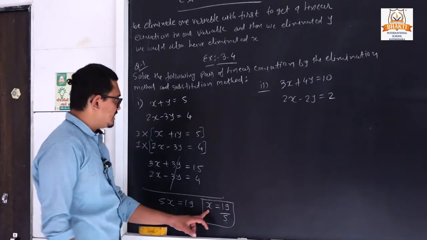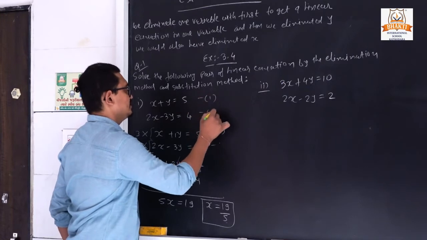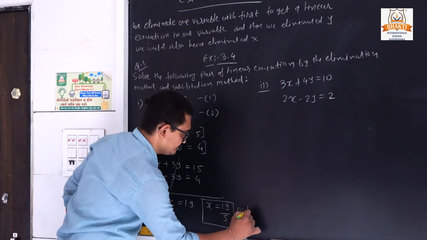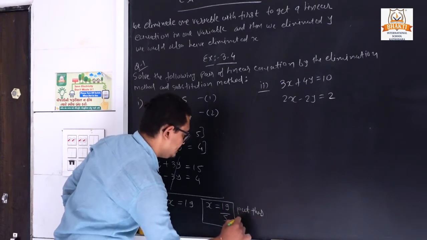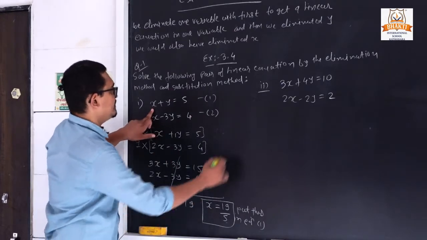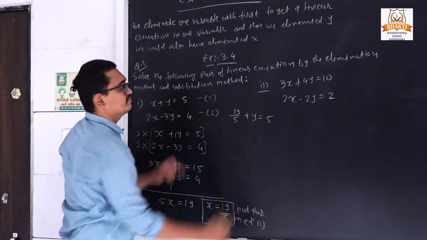Now put this value in either equation 1 or 2. We put it in equation 1. So x is replaced with 19 by 5, plus y is equal to 5.